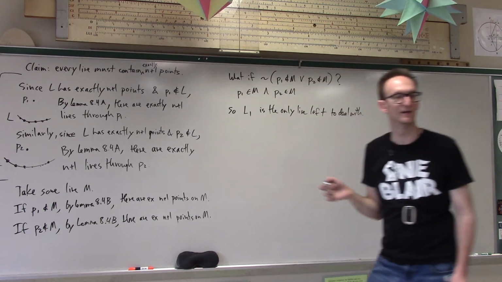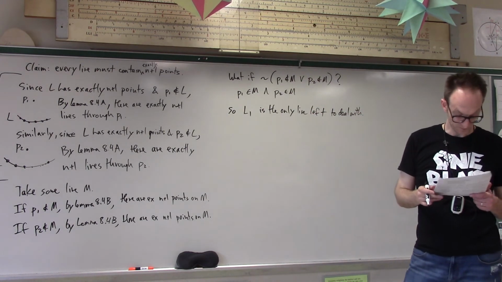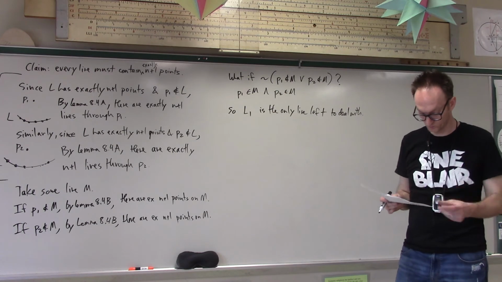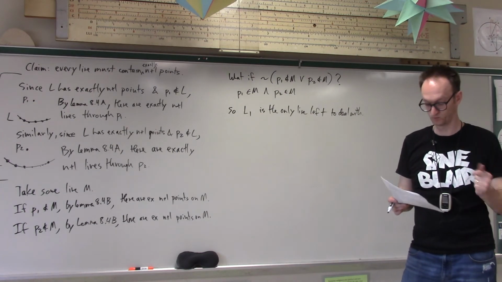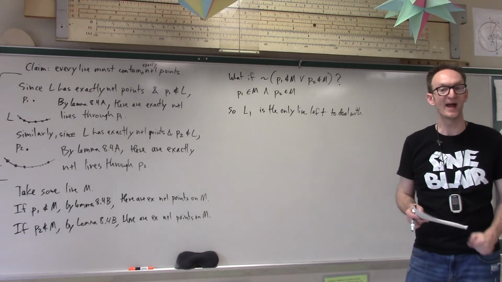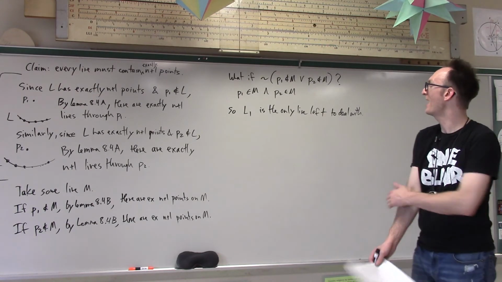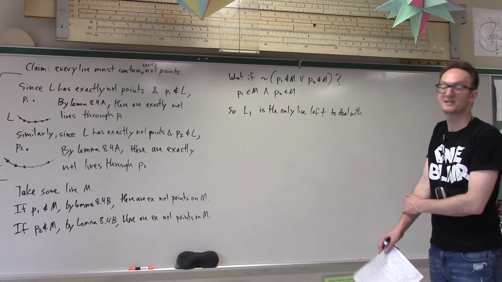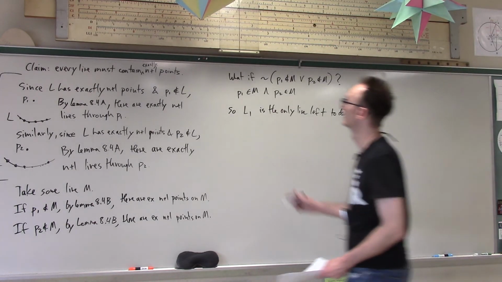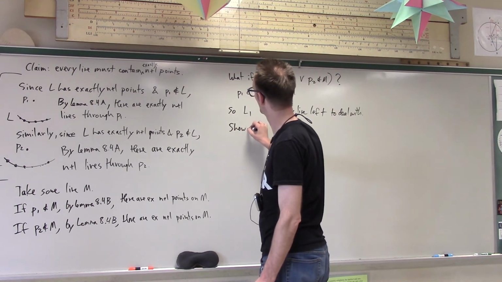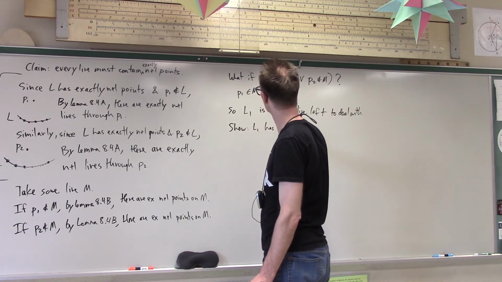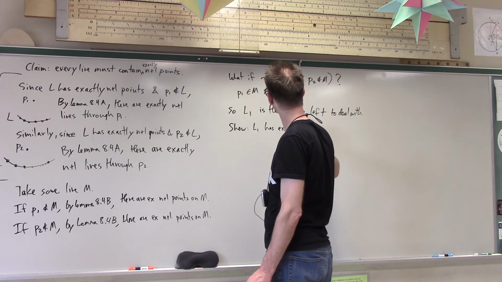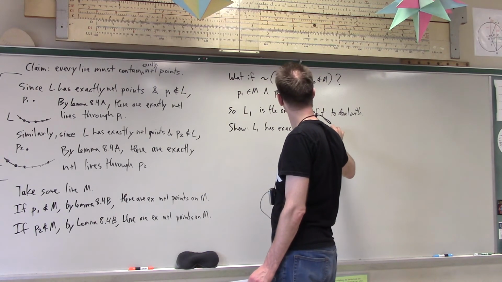Who is with me? Basically, good. All right, how are we going to show that L1 has exactly n plus 1 points? If I can do this, we're done. Show L1 has exactly n plus 1 points.